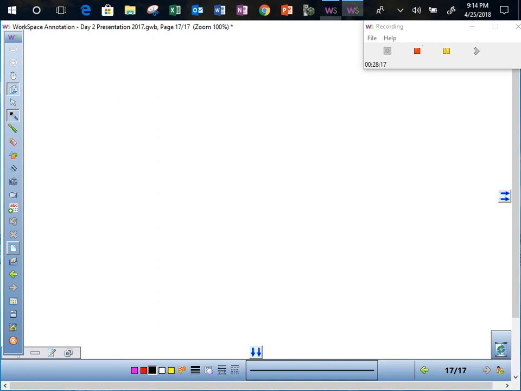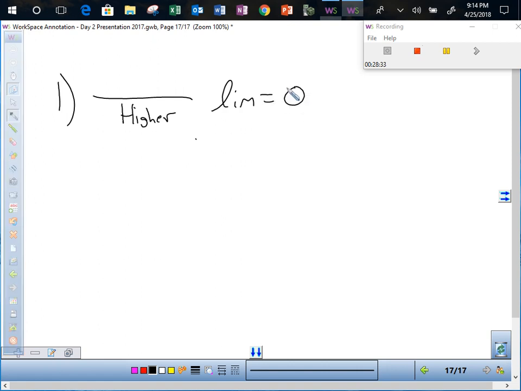You've got 3 cases. Case number 1, if your higher power is in the denominator, your limit is automatically 0. If the highest power in the numerator is the same as the highest power in the denominator, you go find those coefficients.